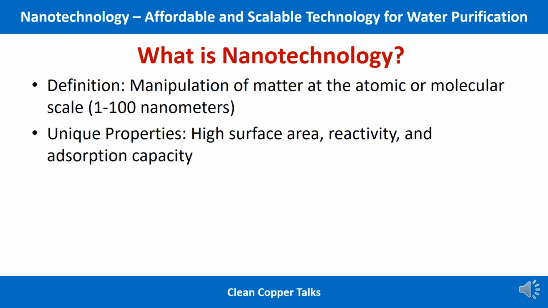It has high surface area, high reactivity, high adsorption capacity, and many more properties which a nanomaterial offers, which can be used to harness its properties to fight against the desired challenge.